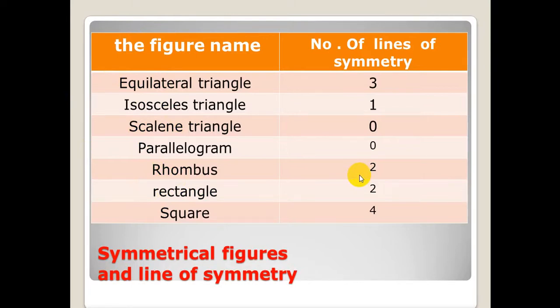Rhombus, how many lines? 2. And rectangle, how many lines? 2. Squares, 4 sides are equal, which gives me 4 lines of symmetry. Squares, how many lines? 4 lines. Okay.